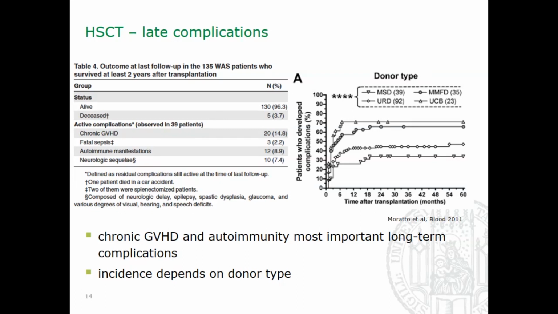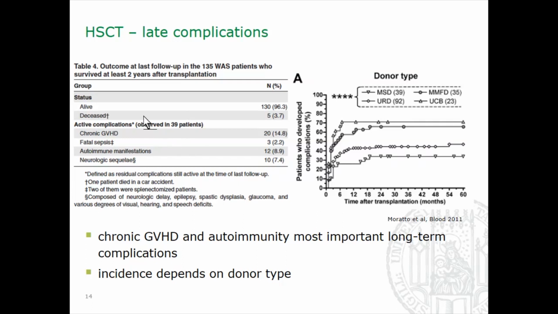We heard the patient before who spoke here, and he said he had some minor issues and otherwise he's fine, so that's okay. But there are other patients who experience severe complications, and these can be not only life-threatening, but they definitely can be very negative for their quality of life.